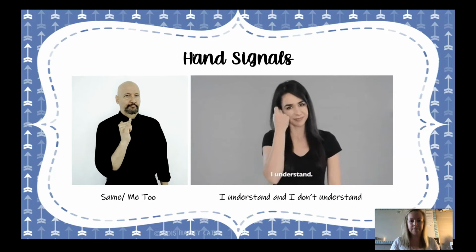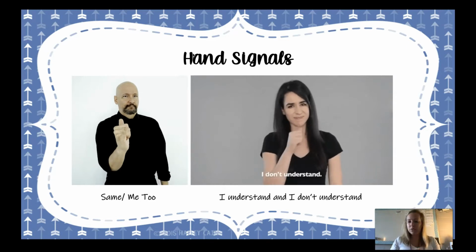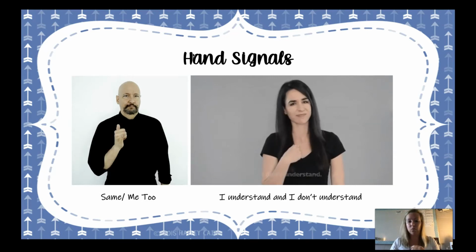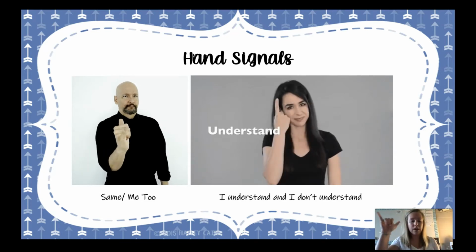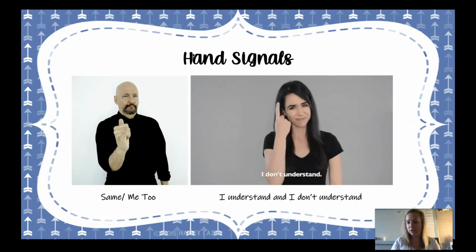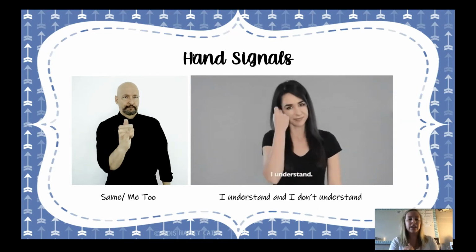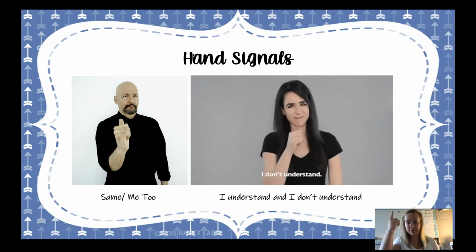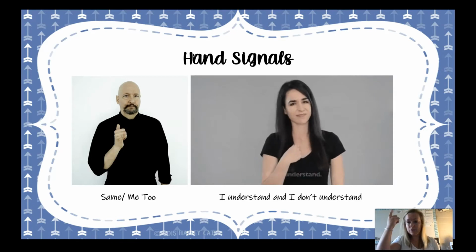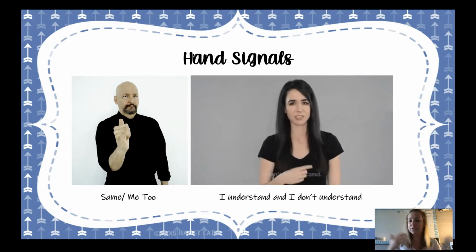So let's get started. The three hand signals that we went over yesterday. The first one was same, me too, meaning that you connect with what somebody's saying, maybe the situation that they're describing, and so on. The second one was that you understand. So if I asked you, does that make sense to you? You can just say, I understand, instead of unmuting yourself, saying yes, and so on.